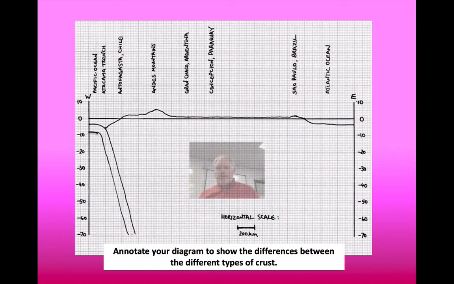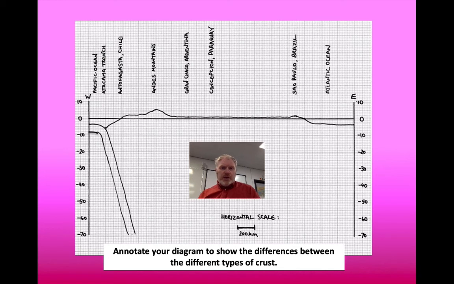Okay then. The first part of today's lesson, when we start getting stuck into the data, is to look at some of the different types of crust. We have a cross section here. This is showing the top, 70, 80 kilometers of the Earth as we draw a line that cuts right through South America.